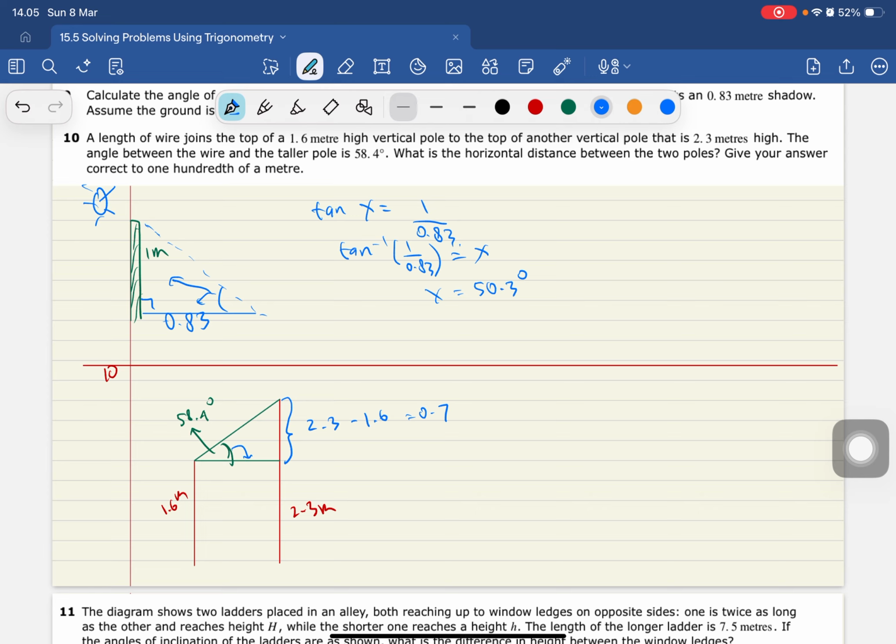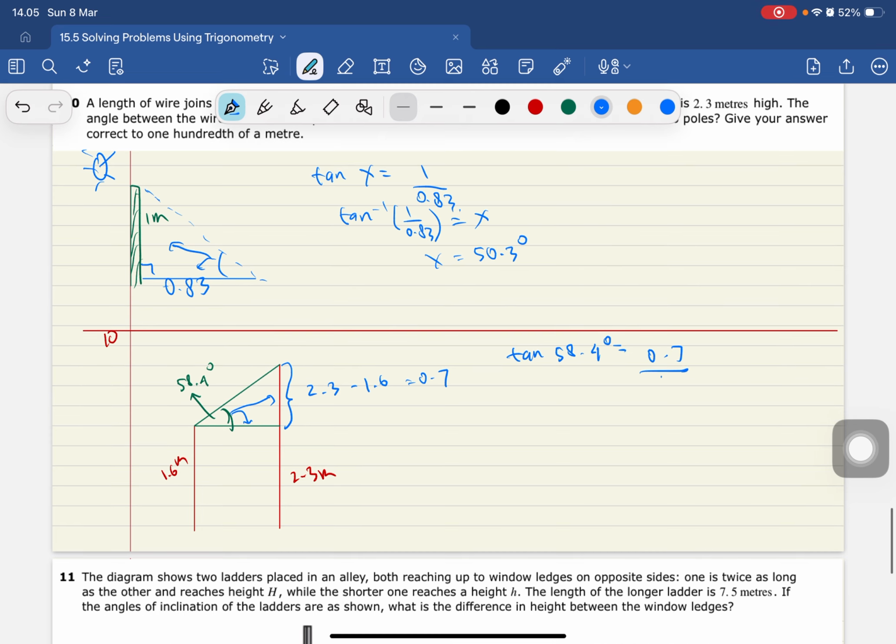We have the adjacent and opposite, so we can use tan 58.4 degrees equals the opposite, 0.7, divided by the horizontal distance. So the distance is 0.7 divided by tan 58.4 degrees, which is 1.14 meters.